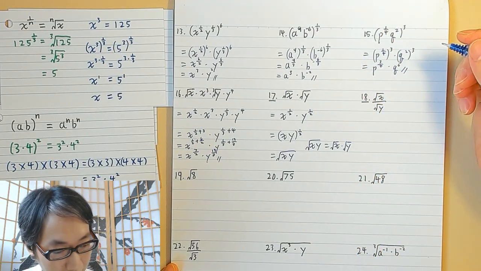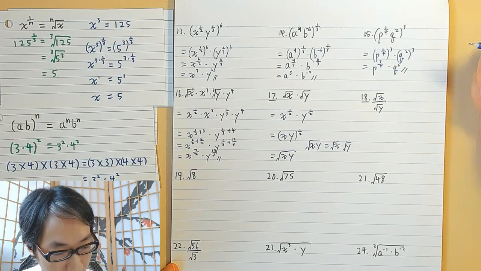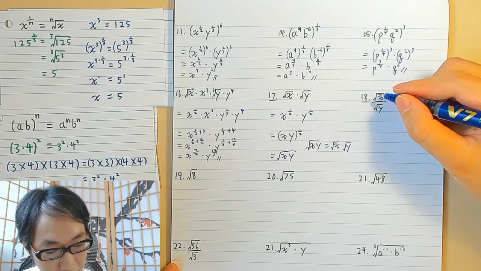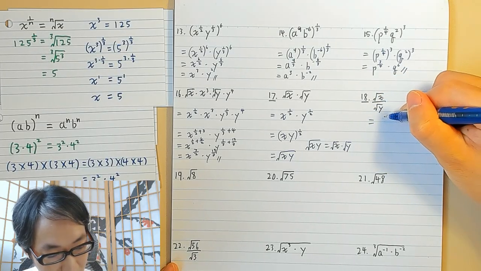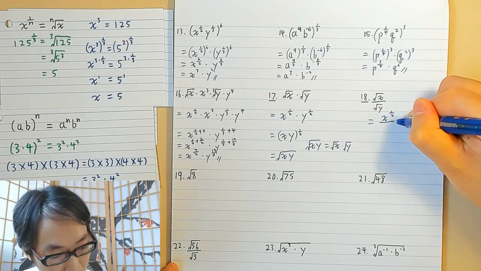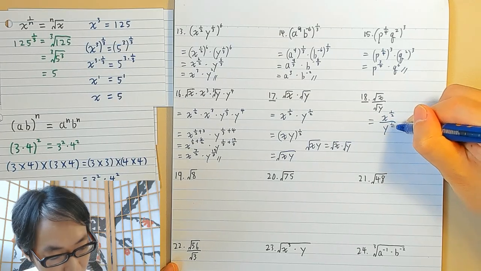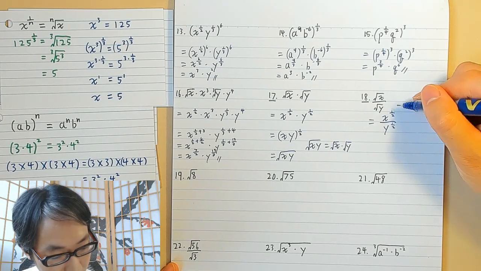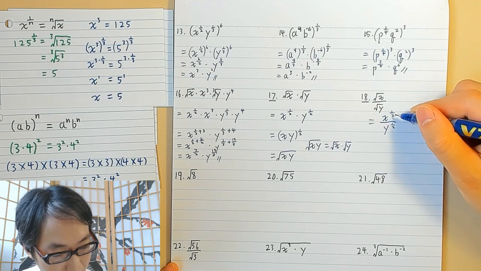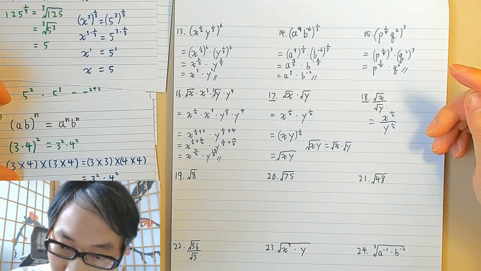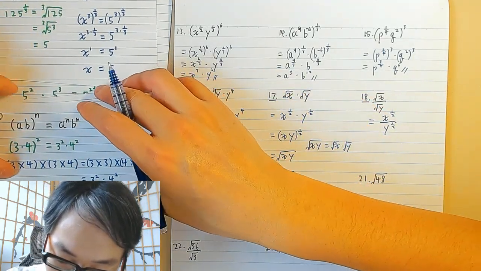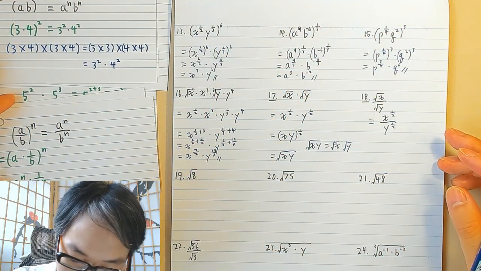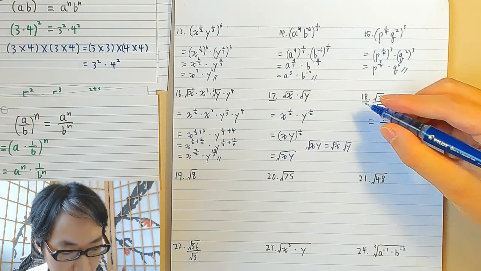And then number 18. So similarly, we can turn everything into this form first. And so we equal to x to the power of 1 over 2 over y to the power of 1 over 2. Okay. So then we can undistribute using the fraction one, from right to left.